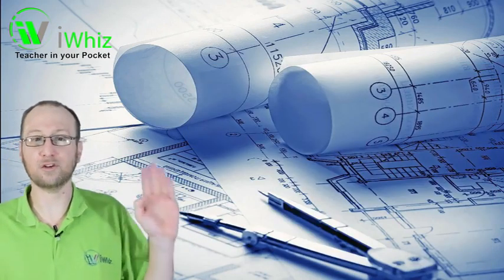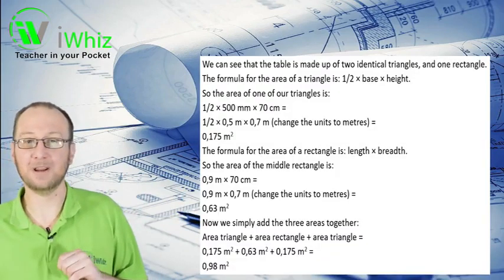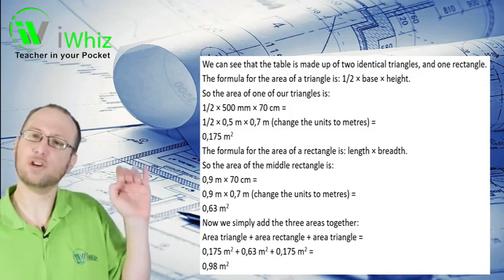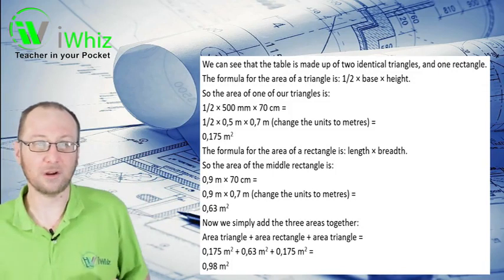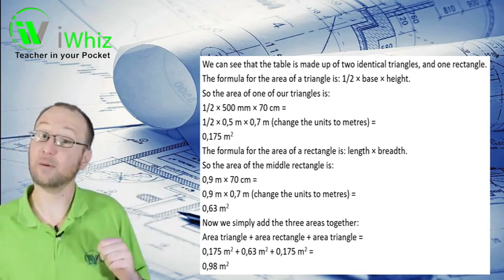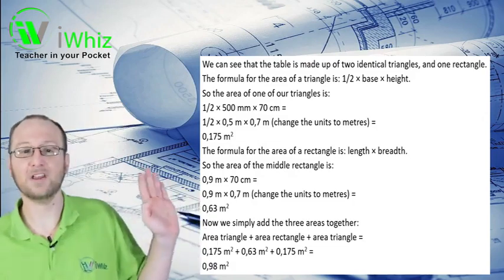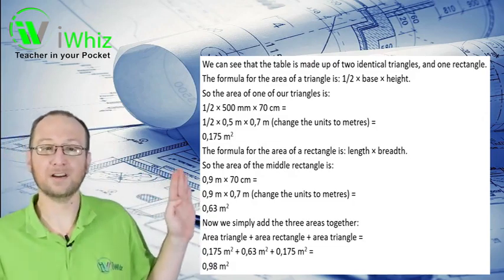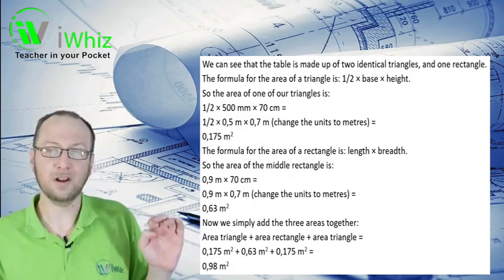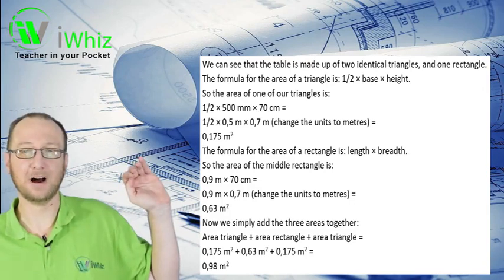So the area of the triangles will be a half times 500 millimeters times 70 centimeters. Let's change all that to meters. So it's going to be a half times 0.5 meters times 0.7 meters, and each triangle then is 0.175 meters squared.